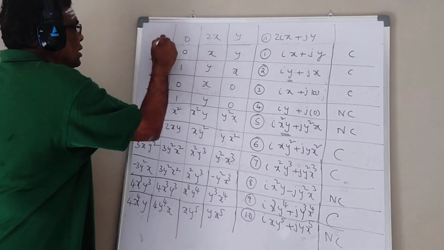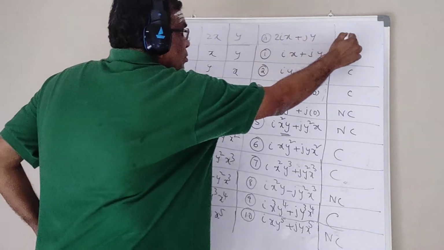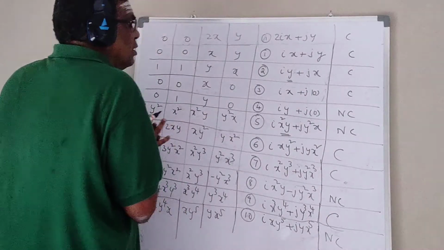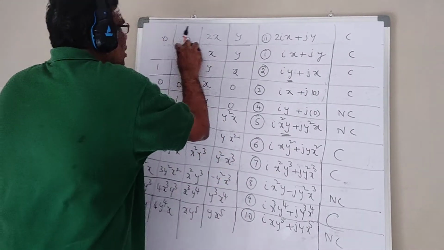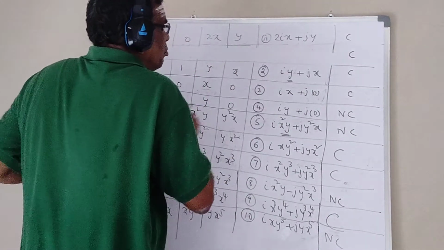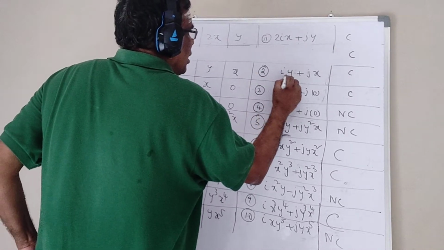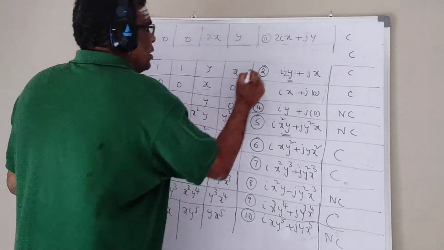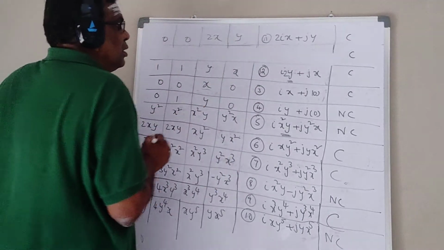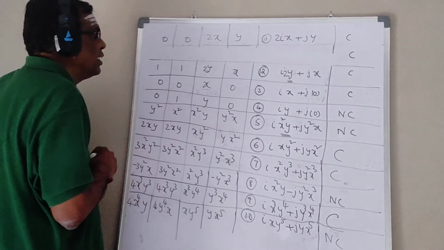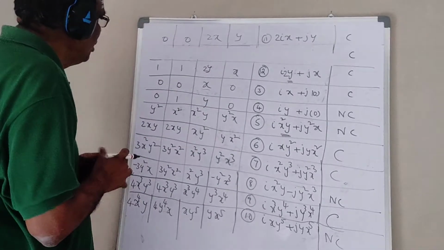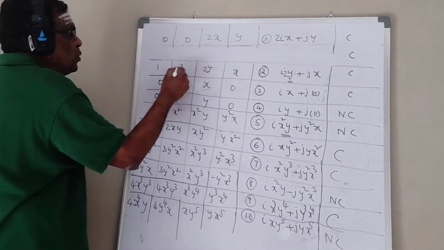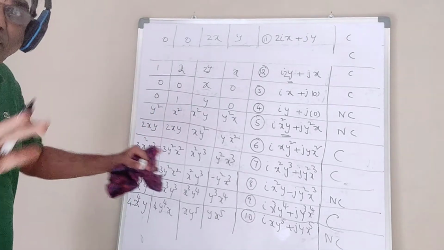With respect to x, this is 0. Therefore, this is conservative. I go to another one. Maybe I take 2 here. This is the 12th example. So this is x and this is 2y. And this is with respect to y. So what is that answer? 2. This is 1. So non-conservative.